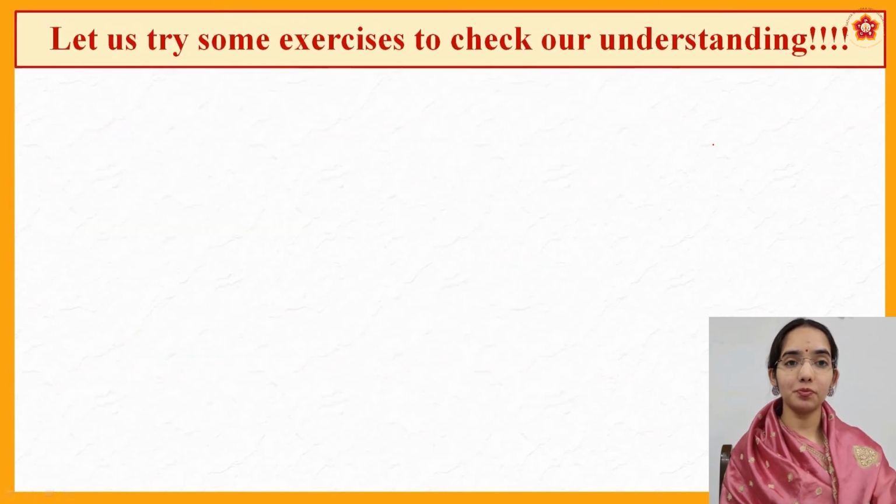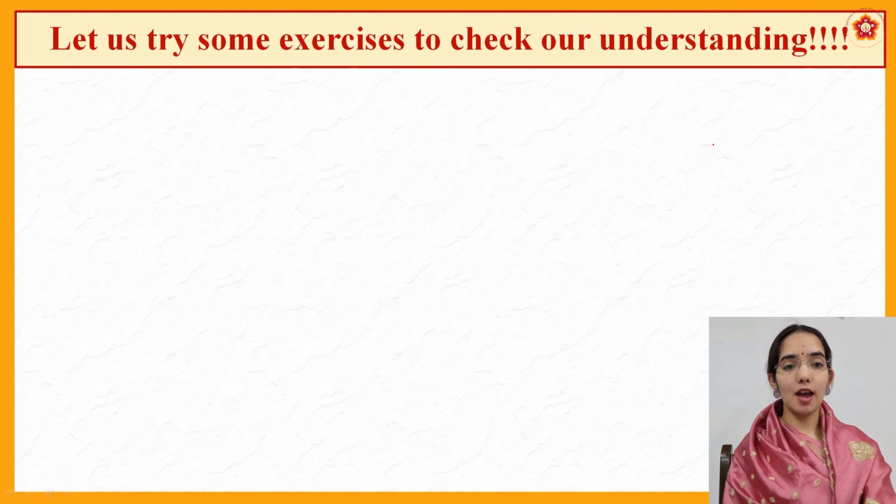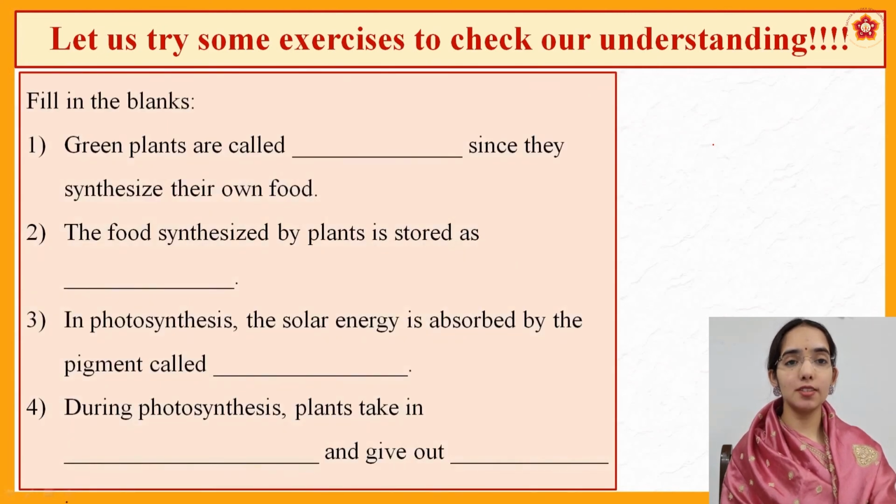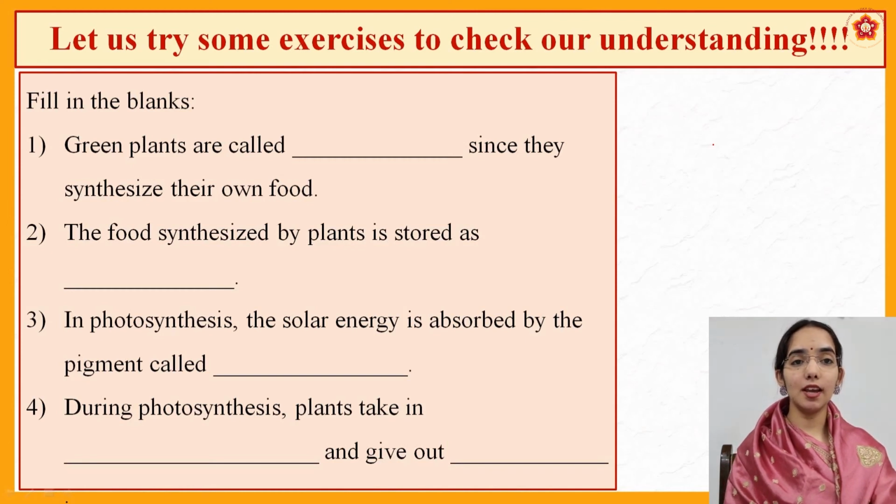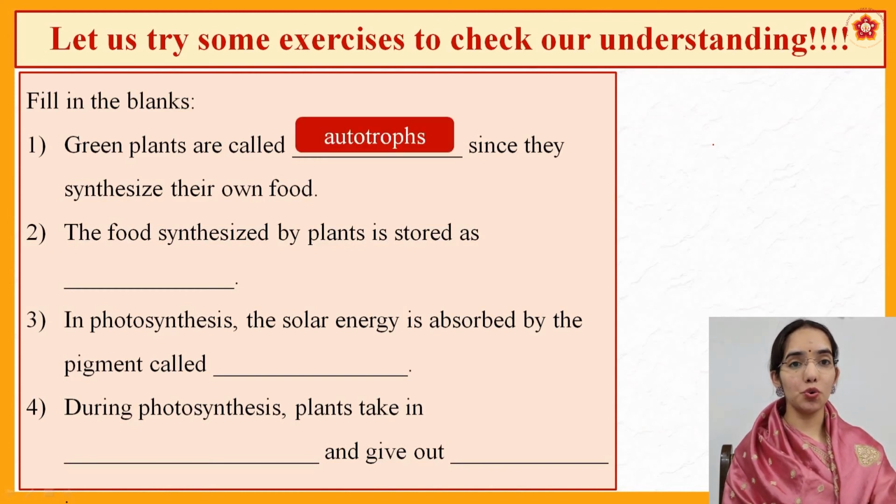Now let's try to check our understanding of this chapter, of this topic. Green plants are called dash since they synthesize their own food. I'm sure you know the answer. They are called autotrophs. The food synthesized by plants is stored as starch.